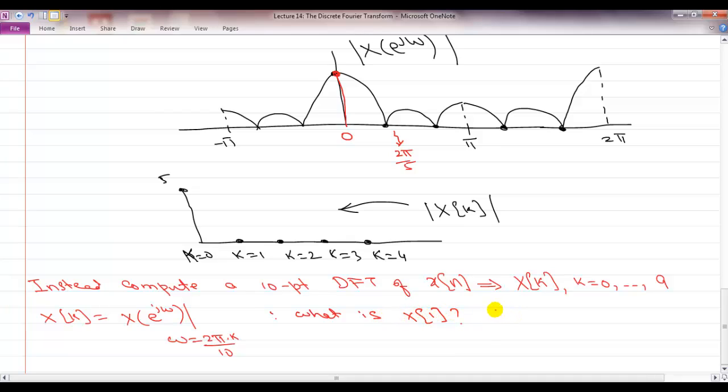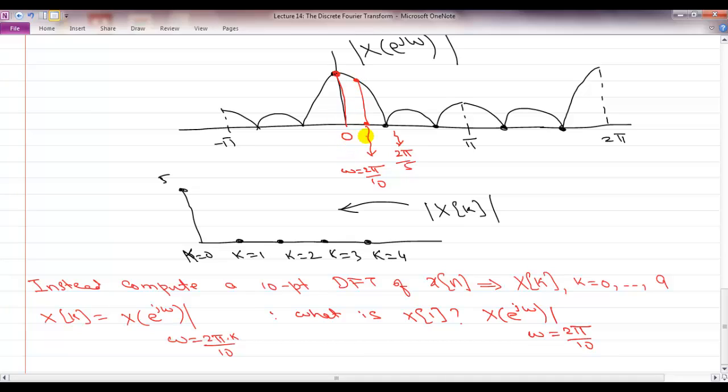X of 1 is X of e to the j omega at little omega equal to 2 pi by 10. So you will obtain a sample at little omega equal to 2 pi over 10, which is between 0 and 2 pi over 5. So you'll get a sample here.